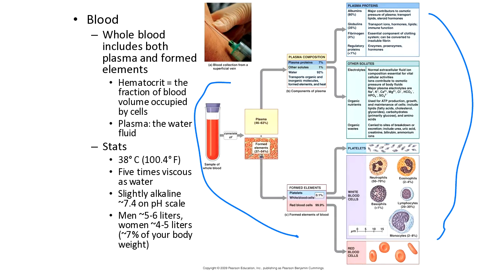Again, if you're an elite athlete, you might be 50-50. If you're blood doping and jacking yourself up with cells coming in through a blood supply, because you're doing illegal things to become a better cyclist like Lance Armstrong, this is what he got in trouble for, you might get to a place where the formed elements are 53 or 54% and plasma is on the lower end, but that is not normal.